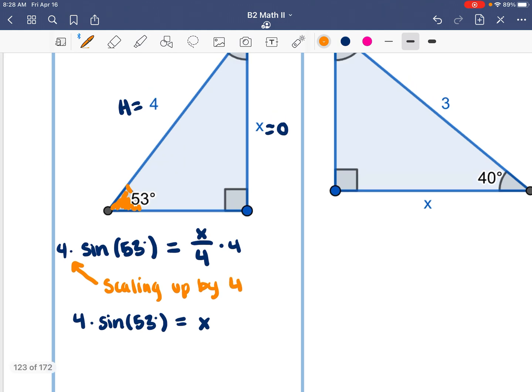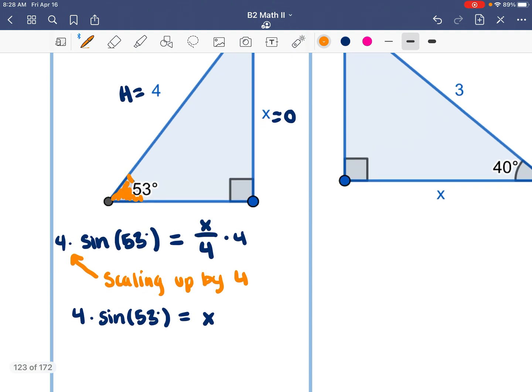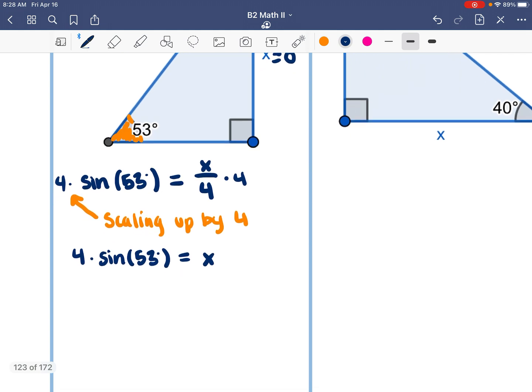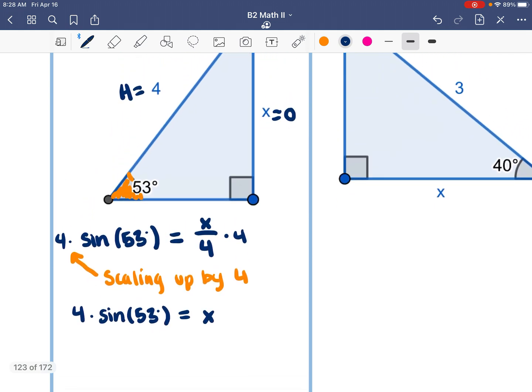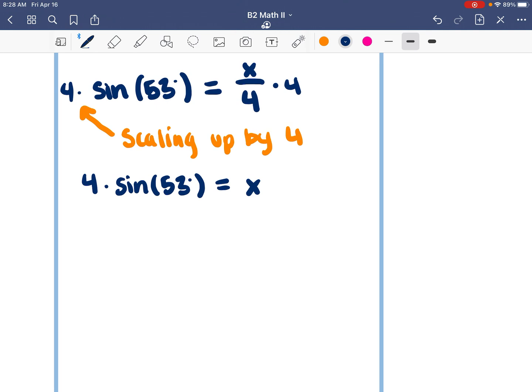Because the hypotenuse of this triangle is 4, we're scaling up the unit circle triangle by 4. That's not necessary to know for doing these problems, but I want you to see that we're not doing anything like a huge mystery here. We're just scaling up unit circle triangles with these trig definitions.